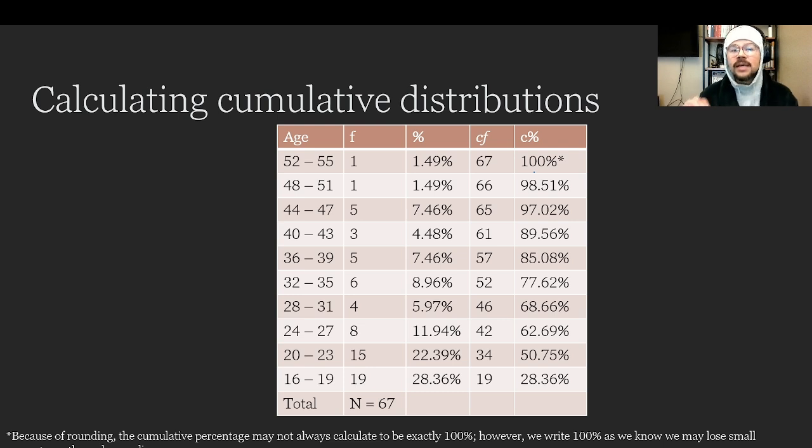As social scientists, we write 100% because with rounding, we could end up with slightly different numbers. More often than not, the other potential outcomes that you could see are that on your way up adding, you ended up at 99.99%, or you might have ended up at 100.01%. If you ended up with 99.99%, 100% flat, or 100.01%, you're good to go.